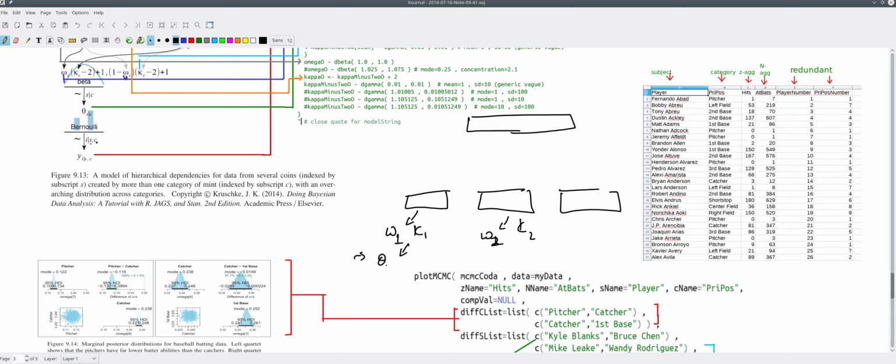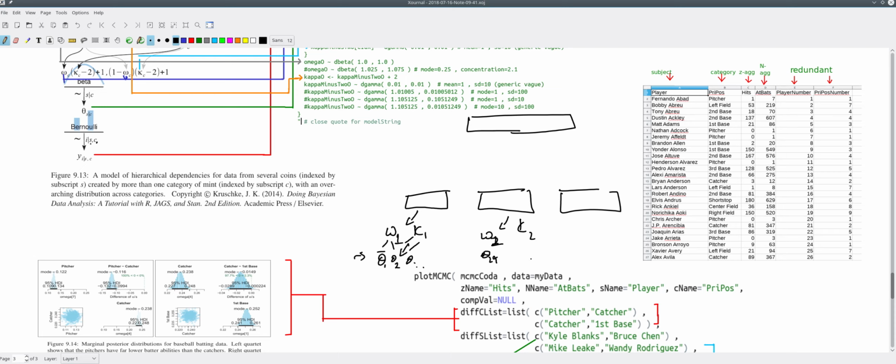So we have player 1 who has a particular theta derived from these two things. We have player 2 who also has these two things. We have player 3 and so on. Similarly, we have, let's say, player 29, player 30 and so on.